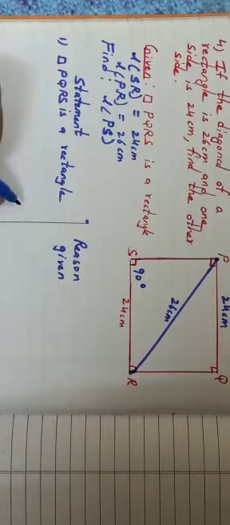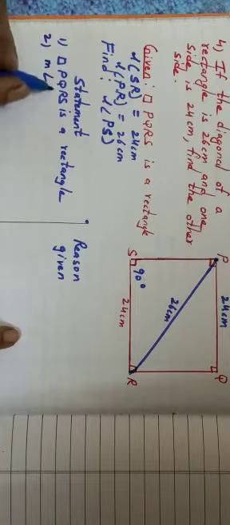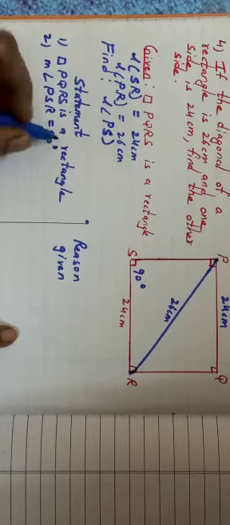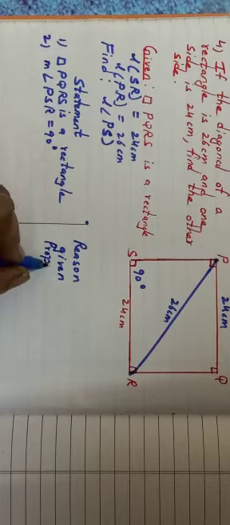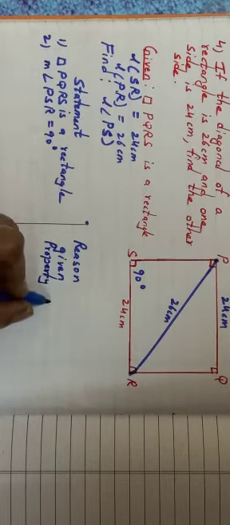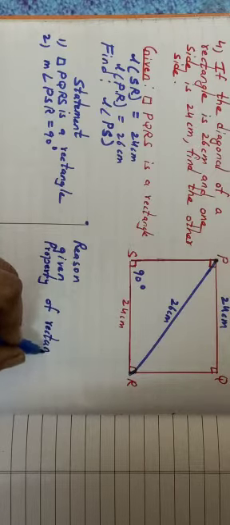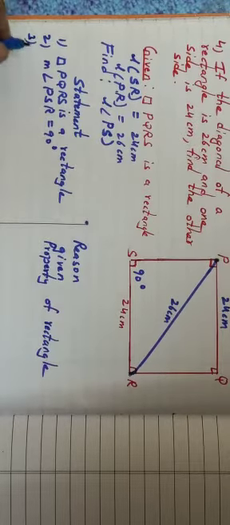So it's a rectangle given. Then we will write second, measure of angle PSR is equal to 90 degree. Reason, property of rectangle. Then third point will be this.